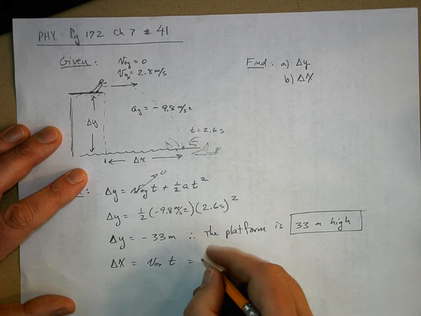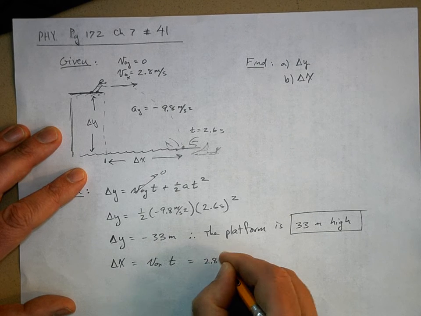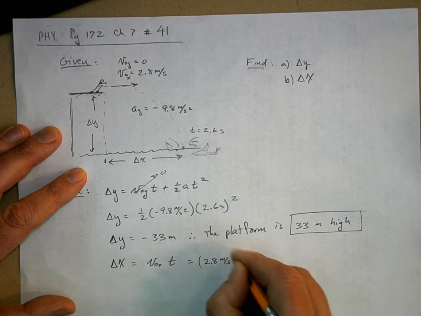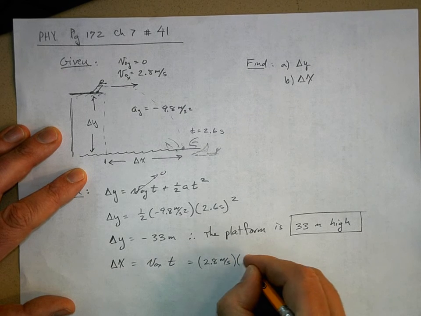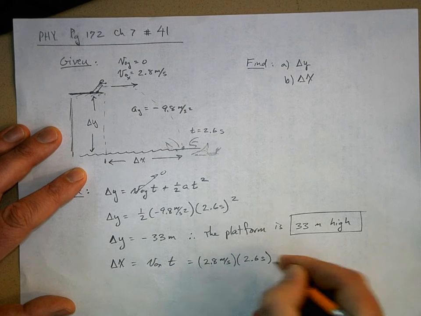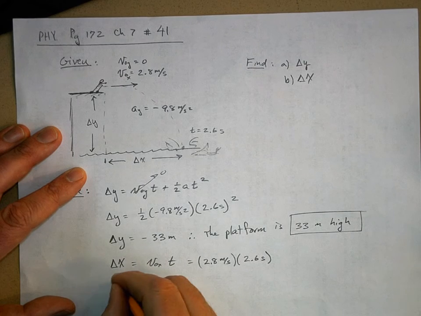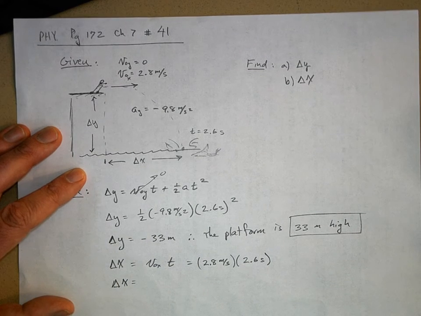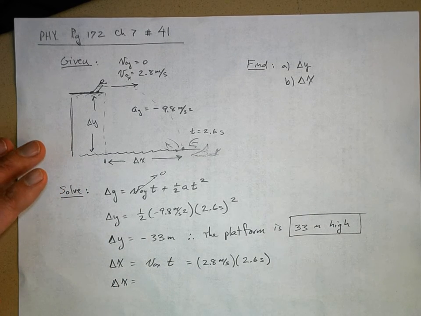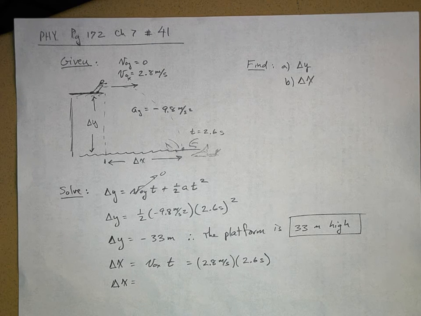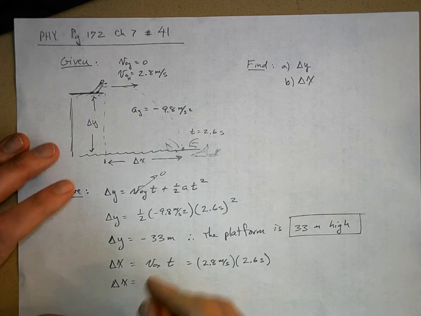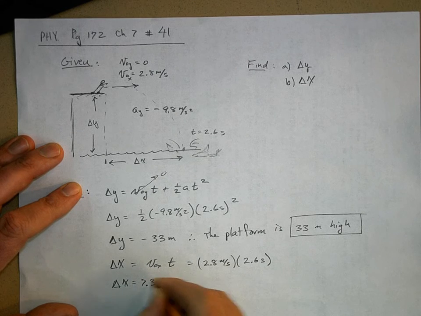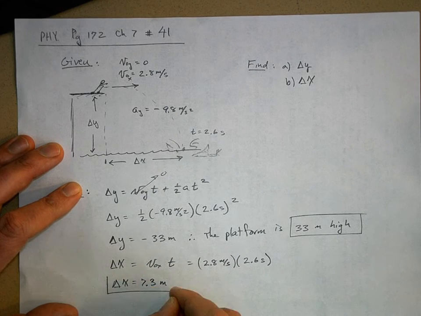So v naught x, that's 2.8 meters per second times 2.6 seconds. And so therefore delta x will be equal to 2.8 times 2.6, which I do believe is 7.3 meters.